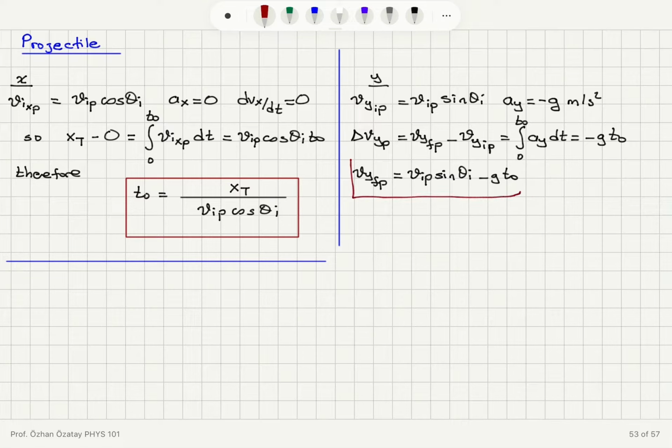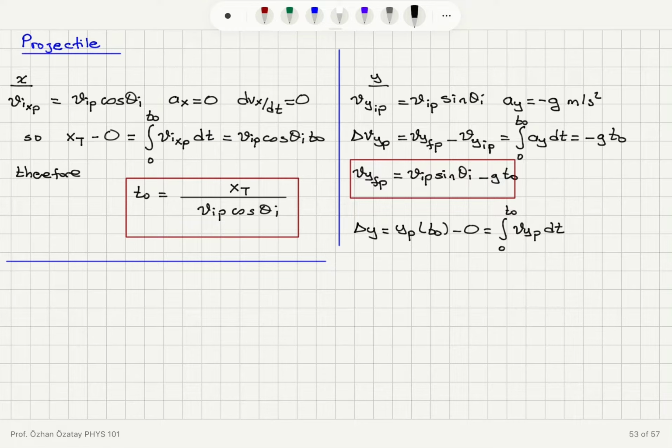Let's do this again. Now, how about the displacement on the y-axis, delta y, which is y_p at t0 minus 0, because initially it is at the origin. So this is the integral from 0 to t0 of v_y of the projectile dt.